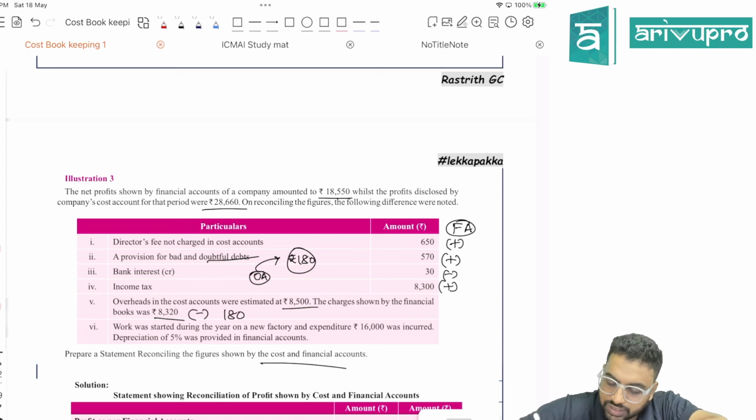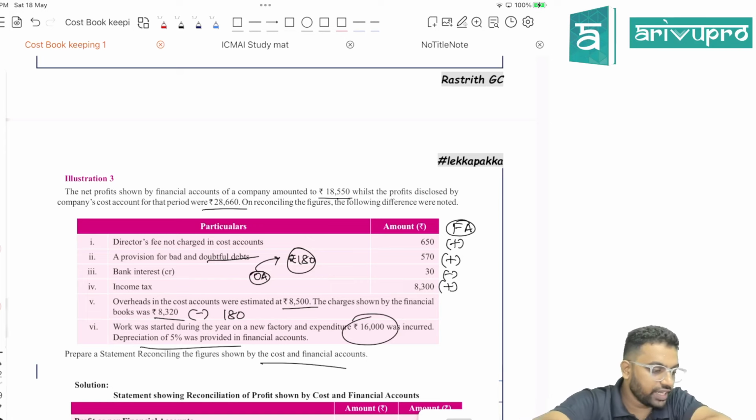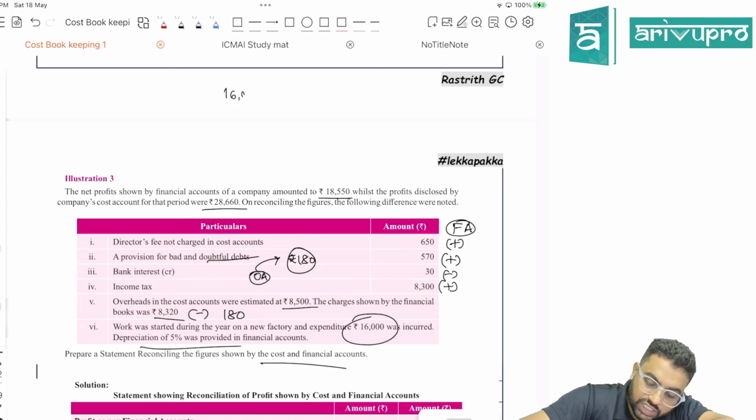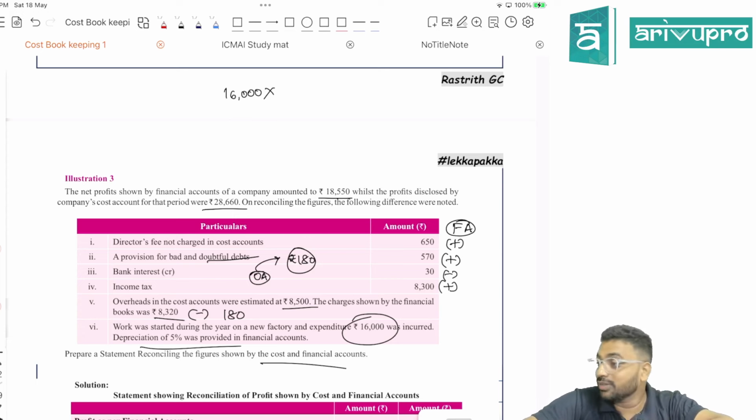Work was started during the year on a new factory and expenditure of 16,000 was incurred. Depreciation of 5% is provided in the financial accounts. So they are telling that there is some new building or new project, a new factory, and 16,000 is the expenditure.